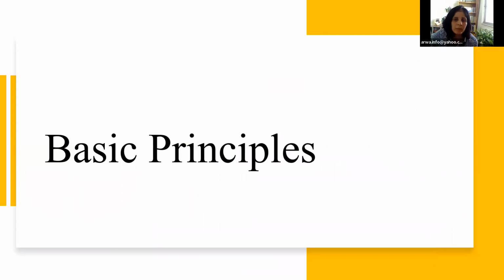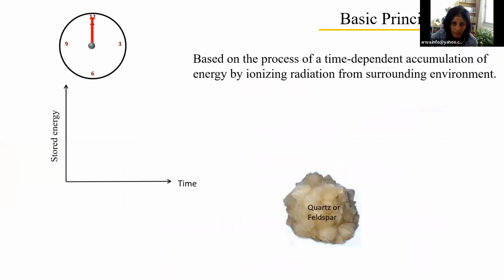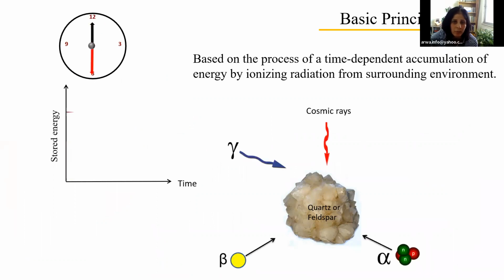First, to understand the main principle of OSL dating: luminescence dating is based on storing energy in some minerals like quartz and feldspars by receiving radiation from the surrounding environment. After a long time of exposure to radiation, the mineral's capacity to store energy reaches its saturation level, such as in this line.